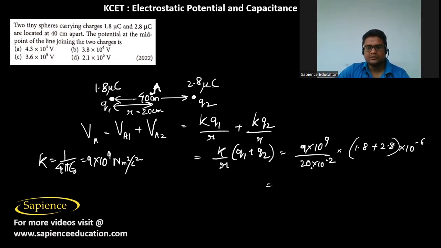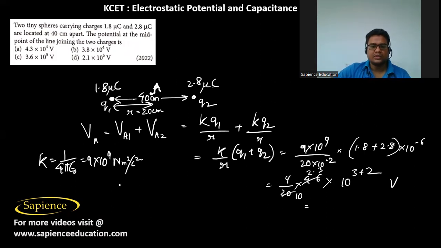So this will be equal to 9 by 20 into 1.8 plus 2.8, that is 4.6, into 10 power 9 minus 6, that is 3, 3 plus 2, that is 5. This much volts. So 2 tens are 20, 2.3. So then this will be 0.9 into 2.3. 2.3 into 0.9 is how much?